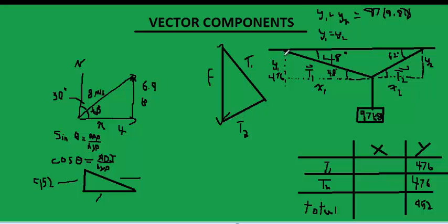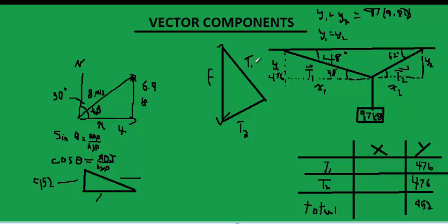But if we look here, we can actually split up the components of both of these tensions in the ropes, Y1, Y2, X1 and X2. We see we can add these up and get a resultant triangle from them. Because this weight isn't going anywhere down, we know that the vertical tension is going to have to equal the exact same force being put on by this mass, which is 97 times 9.81.